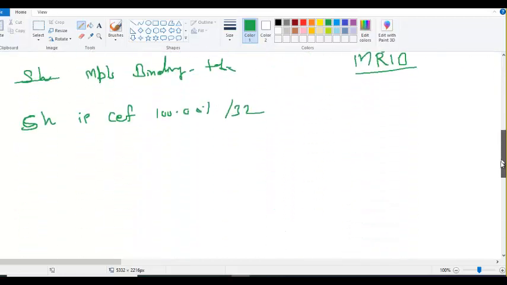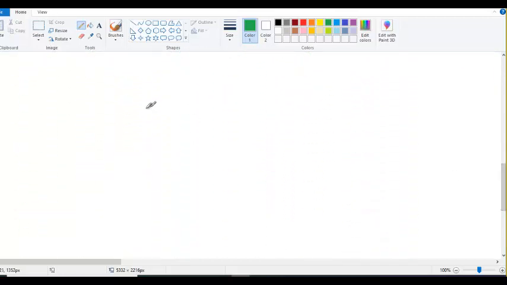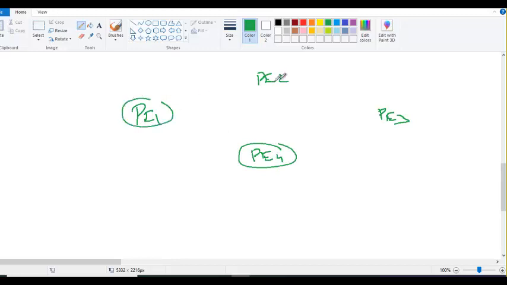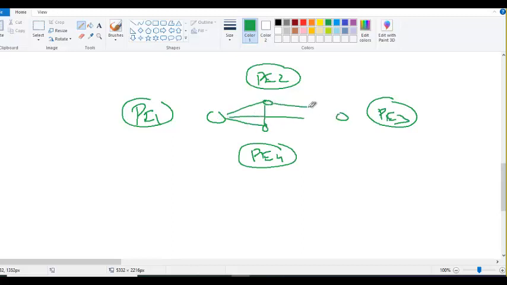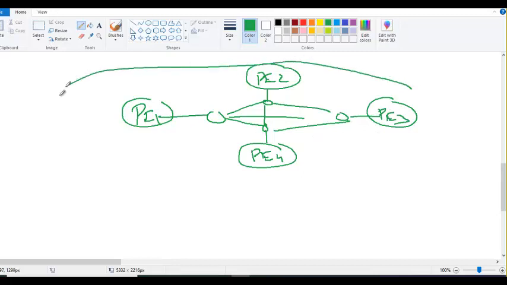You see, the PE routers. What is a PE router? The provider edge routers. They're the ones who connect to the customer. Now these routers should be in the same area.